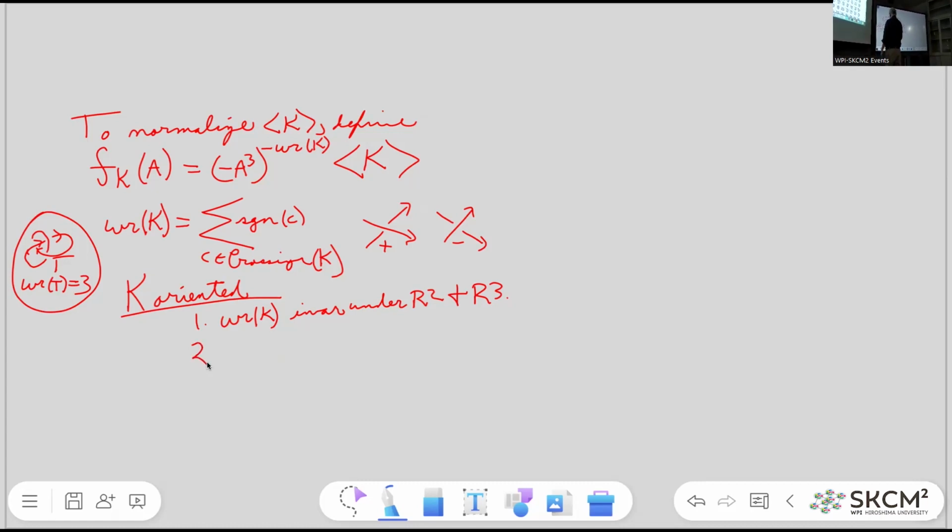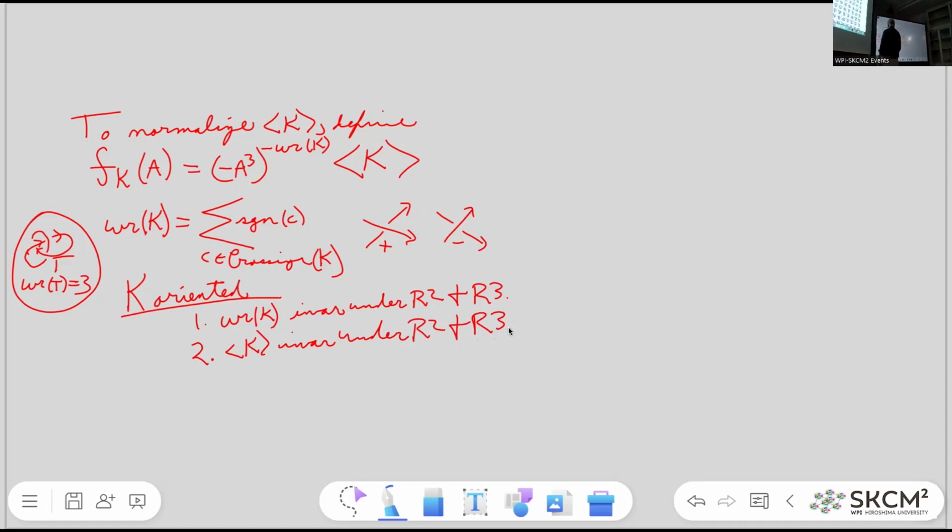Second point is to note that bracket K is invariant under Reidemeister 2 and Reidemeister 3. By our work before, it's certainly true.